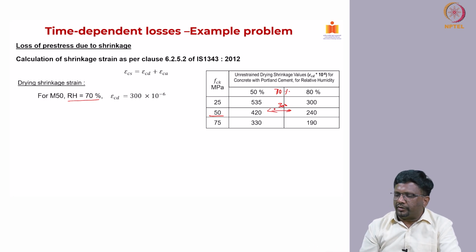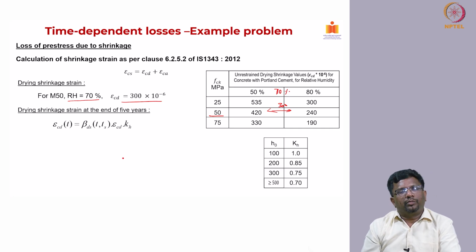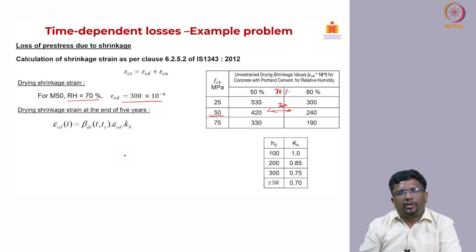That is how we get this 300 into 10 to the power minus 6, and then again we have to apply some reduction factor, because these are the values that will happen at 70 years, but we are calculating at 5 years, and you will find that it will be very close.